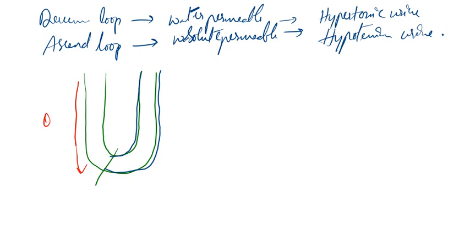So obviously the descending loop has hypertonic urine, and the descending loop is permeable for water. This permeability, or reabsorption of water, leads to formation of hypertonic urine, but the ascending loop is permeable for solutes.